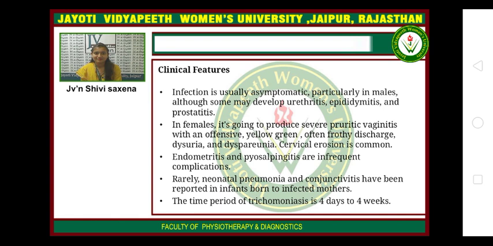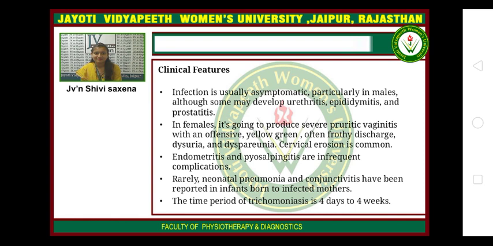Endometritis and pyosalpingitis are infrequent complications. Rarely, neonatal pneumonia and conjunctivitis have been reported in infants born to infected mothers. The time period of trichomoniasis is 4 days to 4 weeks.